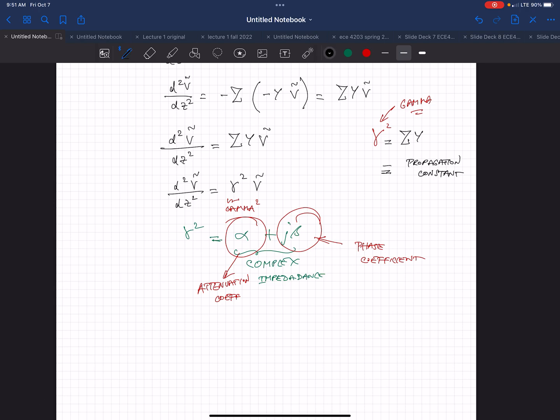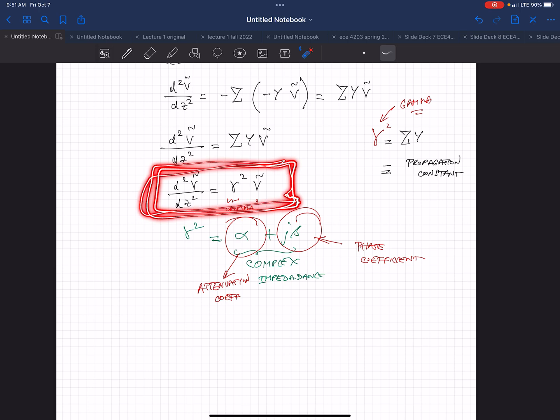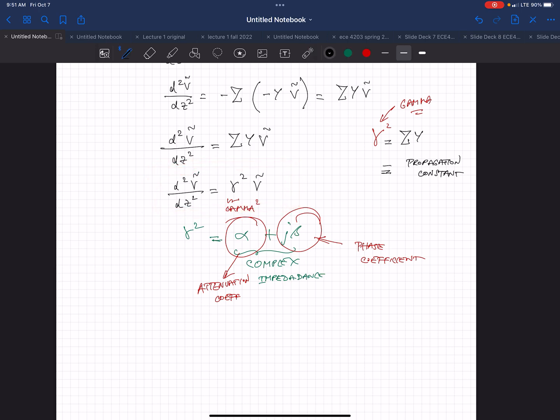And so when we have this kind of equation, we said this has these types of solutions that are called waveform equations. We didn't actually solve it. We said these waveform equations are a solution to this. Let me just call it the general solution.